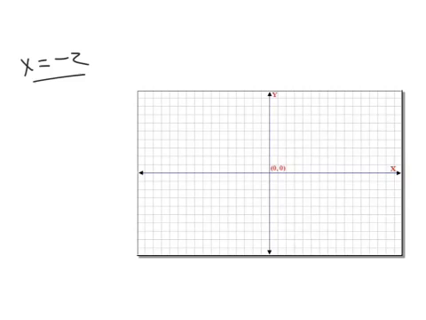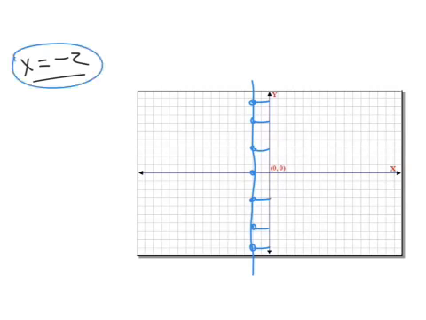What we do is go over negative 2, and it doesn't matter where up or down, we just have negative 2 there. In fact, y doesn't even exist. So we get a vertical line that goes through all those points. Whenever you have x equals negative 2, you go over to the left 2 and draw a straight line up and down.